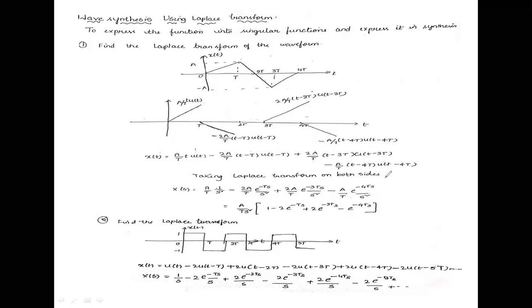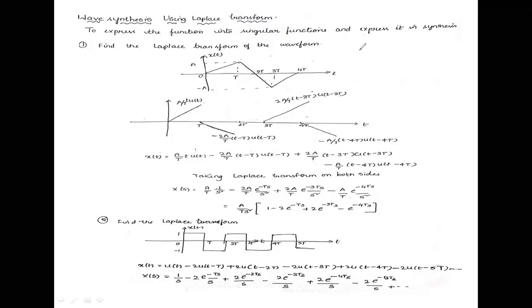Taking the Laplace transform on both sides, x of t becomes X of s. According to the definition of the Laplace transformation, a by T is a constant. The Laplace transformation of the ramp function, t mu of t, is 1 by s square. This is also the ramp, but shifted by T samples.